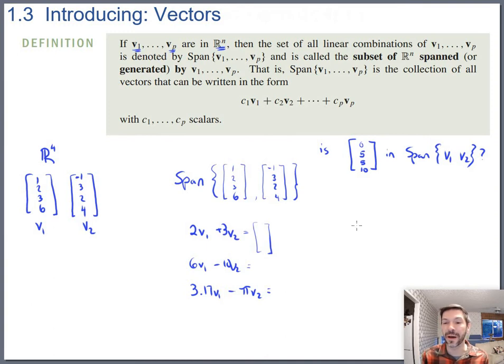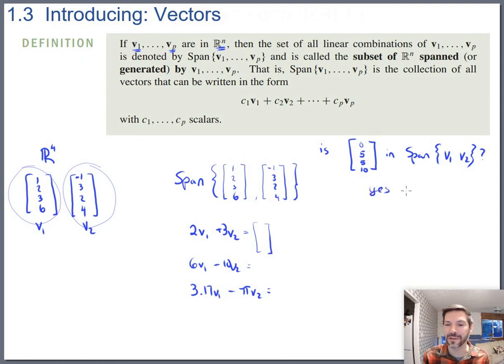And you would know how to translate all this language, and you would just say, what this person's really asking is, can I somehow combine V1, which is this vector, and V2, which is that vector, to produce this one? In this case, the answer happens to be yes.